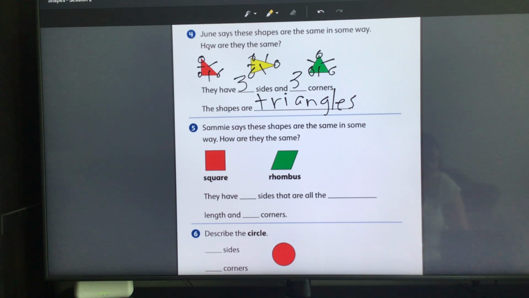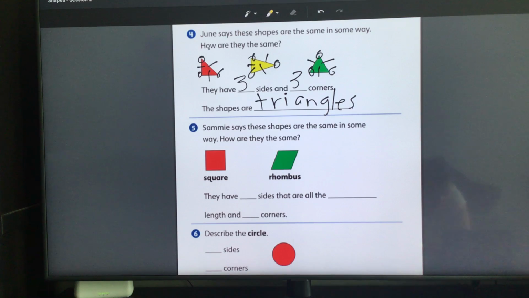All right, Sammy says these shapes are the same in some way. How are they the same? So one of those is a square and one of them is called a rhombus. But Sammy says that these shapes are the same in some way. Now these shapes have different names. So how can these shapes be the same in some way?